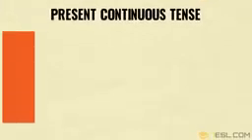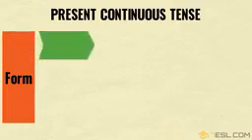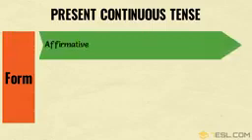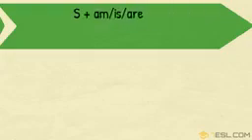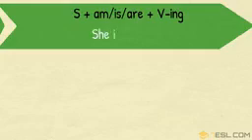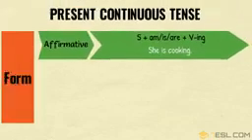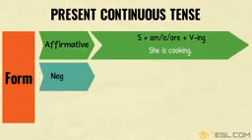Present continuous tense. Form. Affirmative. Subject plus am, is, or are plus verb ing. She is cooking. Negative.